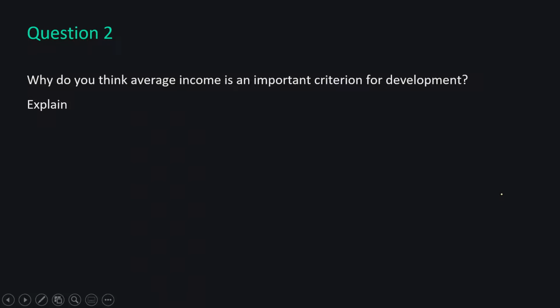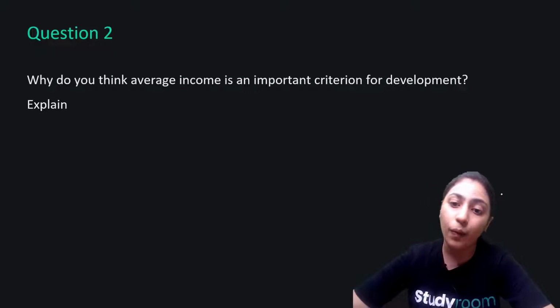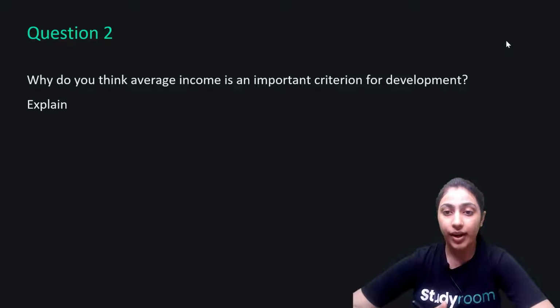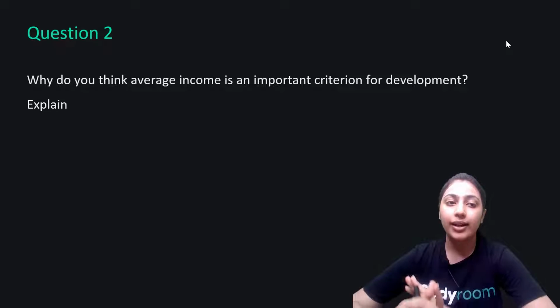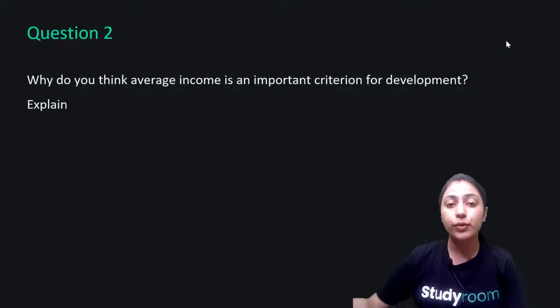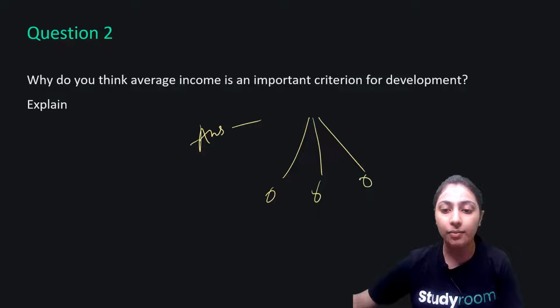Alright, moving forward, why do you think average income is an important criterion for development? Average income is absolutely an important criterion when it comes to seeing which part is developed and which part is underdeveloped, because, as I have said a lot of times, it is not possible for anyone to go house by house to check how many people or how many males are there, depending upon what they are comparing.